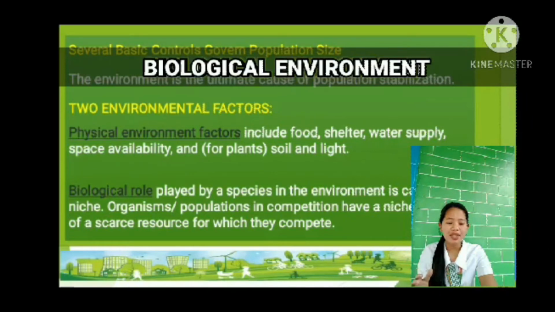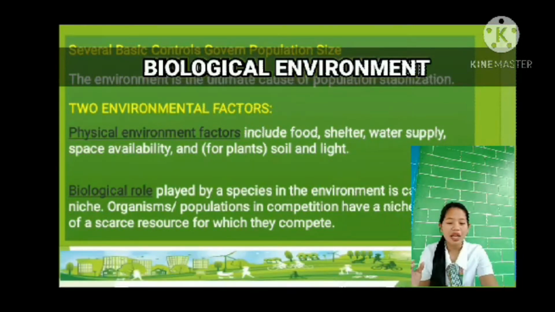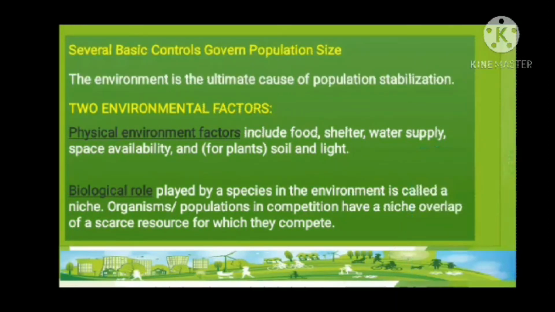When one species eliminates the second species from the area, it is termed competitive exclusion. And the niche overlap is minimal if two different species compete for one resource but have other sources available. So those are the several basic controls governing population size.